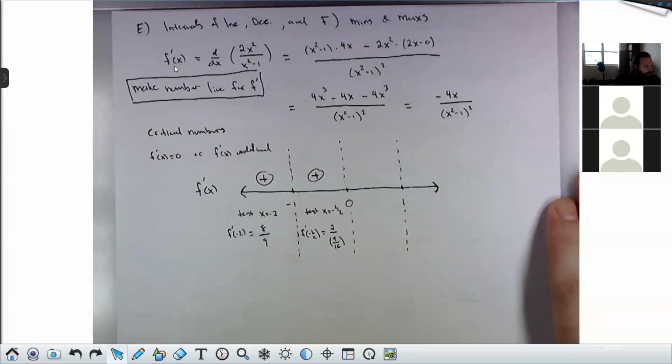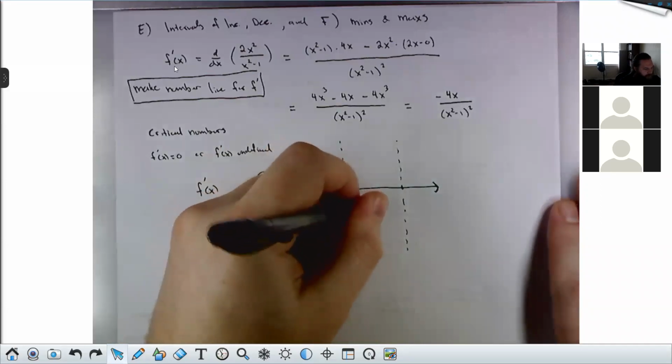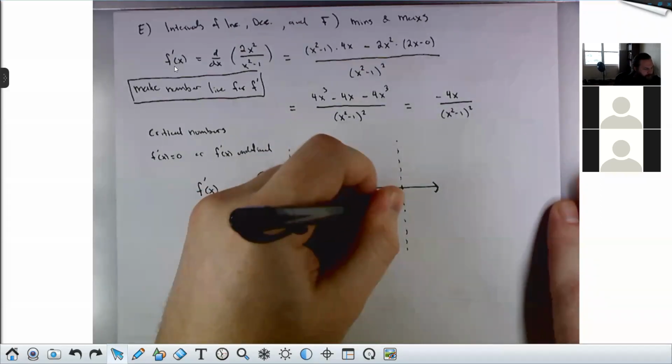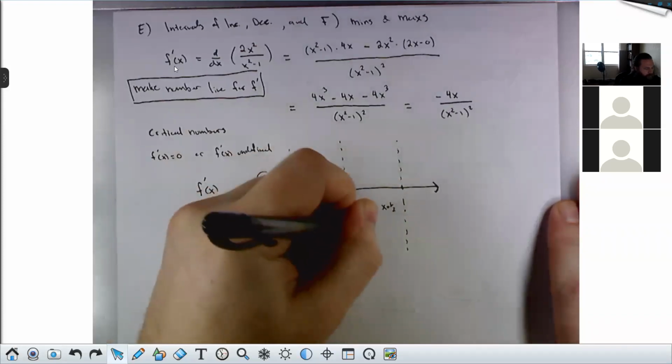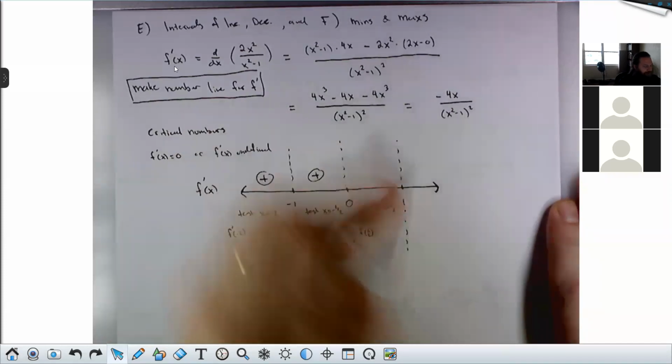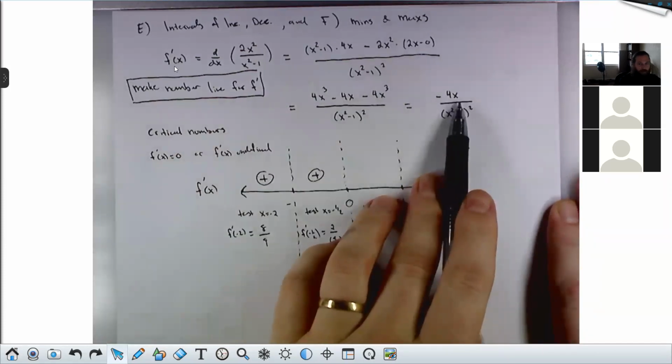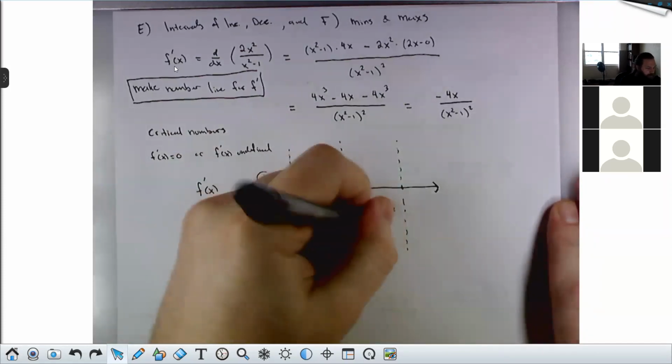To the right of 0, I can test x equals 1/2. F prime of +1/2 is -4 times +1/2. That's -2.